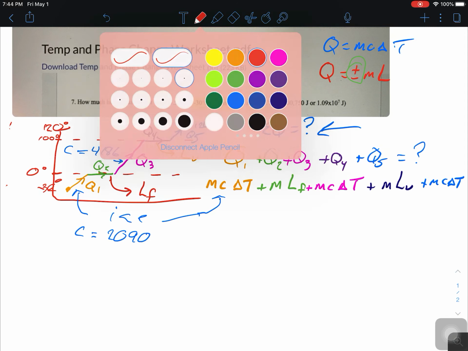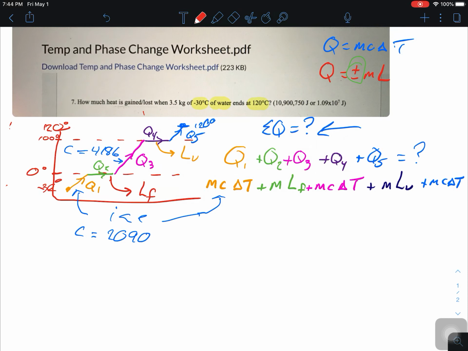And then for Q5, this C is for steam. The C is 2010. Okay, so each one has its own specific heat. So we just got to keep that in mind.